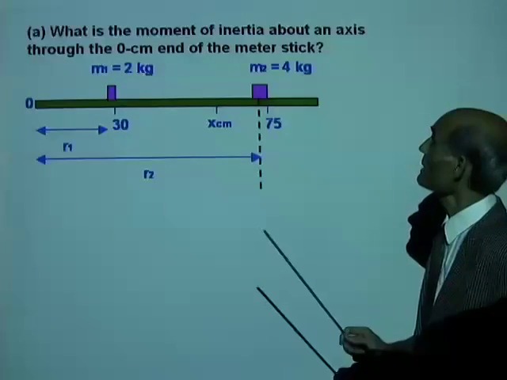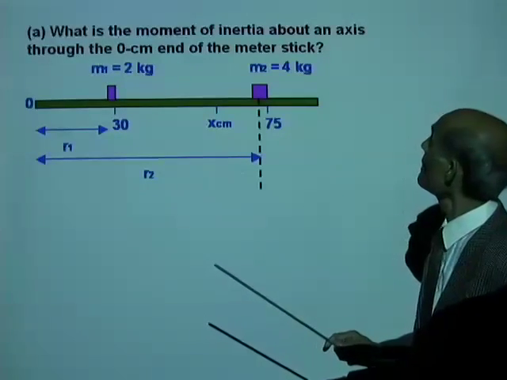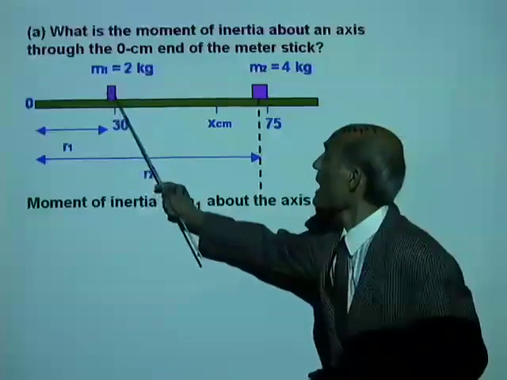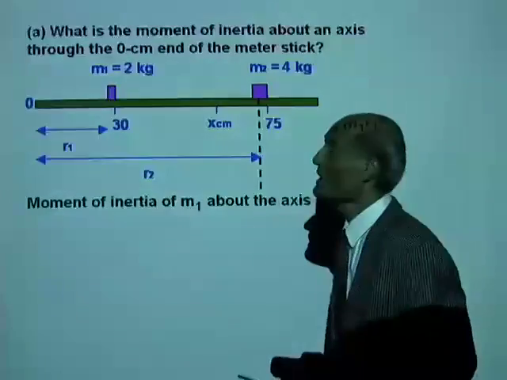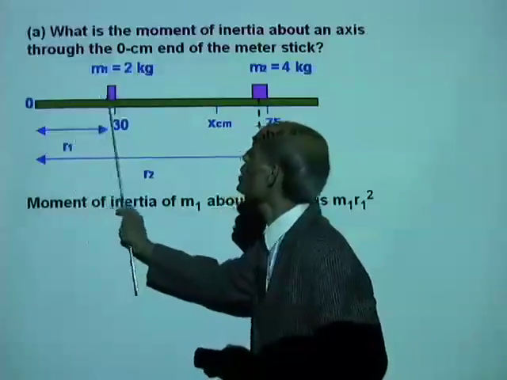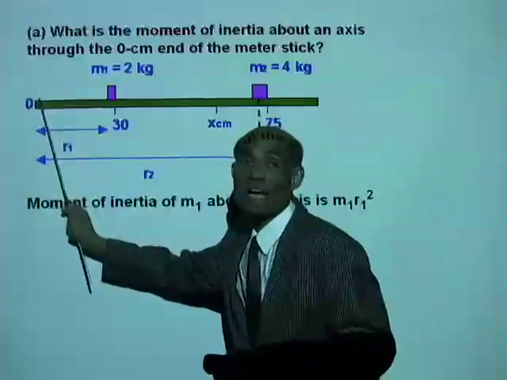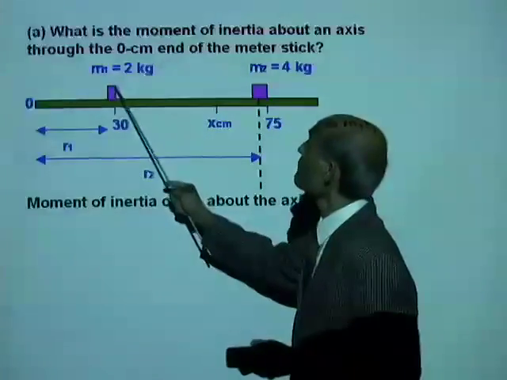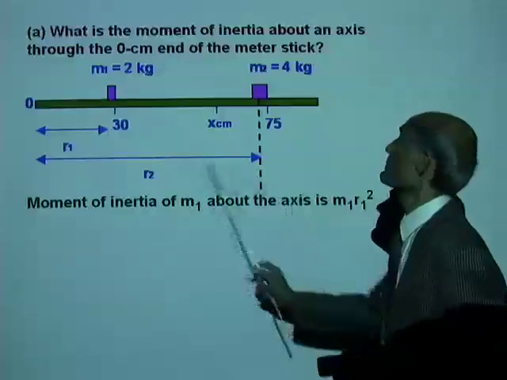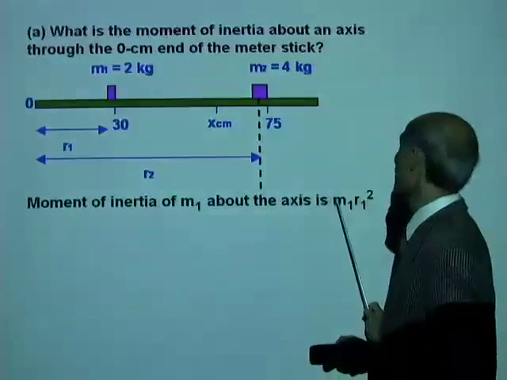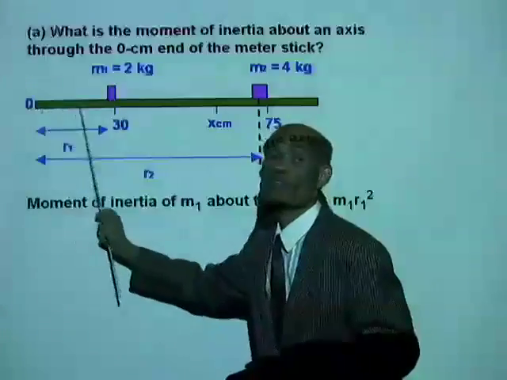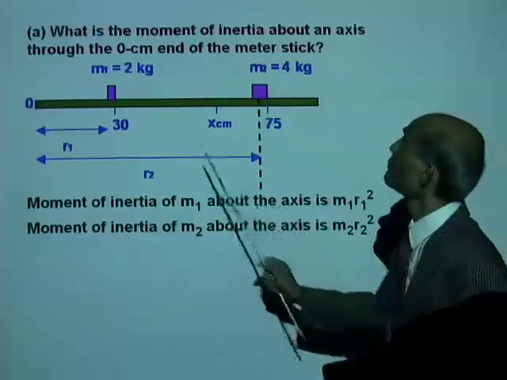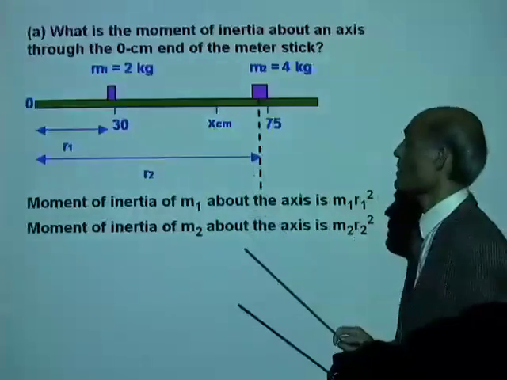Okay, let's look at that again. Now, what is the moment of inertia of object 1 about this axis? We are looking for the moment of inertia of these two objects about an axis that passes through the 0 centimeter mark. So the moment of inertia of m1 about the axis that passes through 0 will be m1 r1 squared. The moment of inertia of m2 about the same axis will be m2 r2 squared.